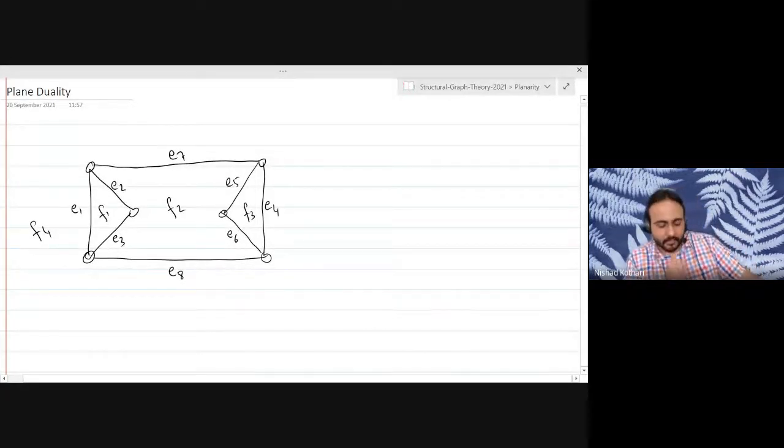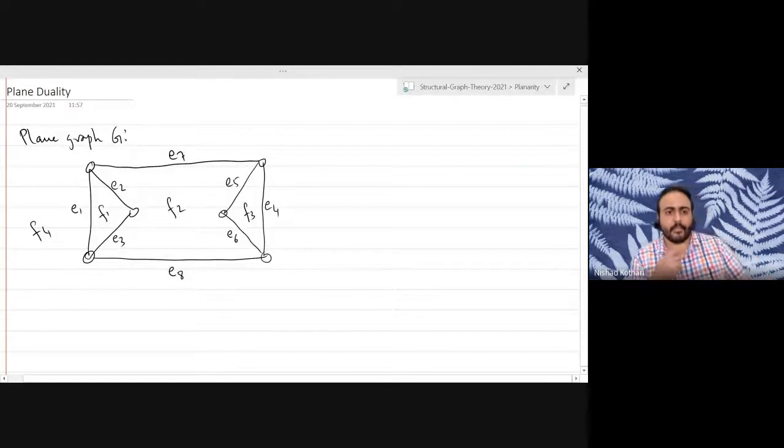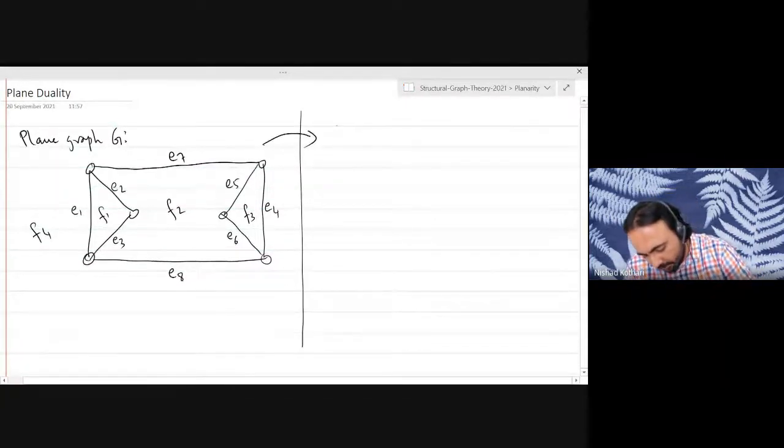Okay. What we have is a plane graph G. What we will do is use the faces and the edges of this graph and their incidences and adjacencies to create another graph. We will call it G star.